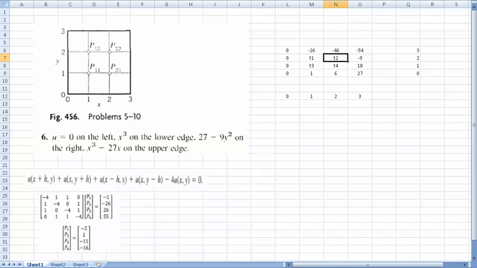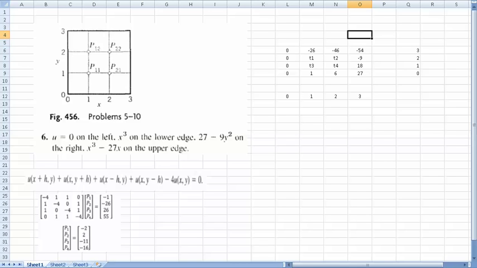And then I'm going to double check this one because I think they set everything up so that it behaves nicely. When x equals 3, it would be 3 cubed minus 27 times 3. That comes out to minus 54, which is what we got from the other boundary.